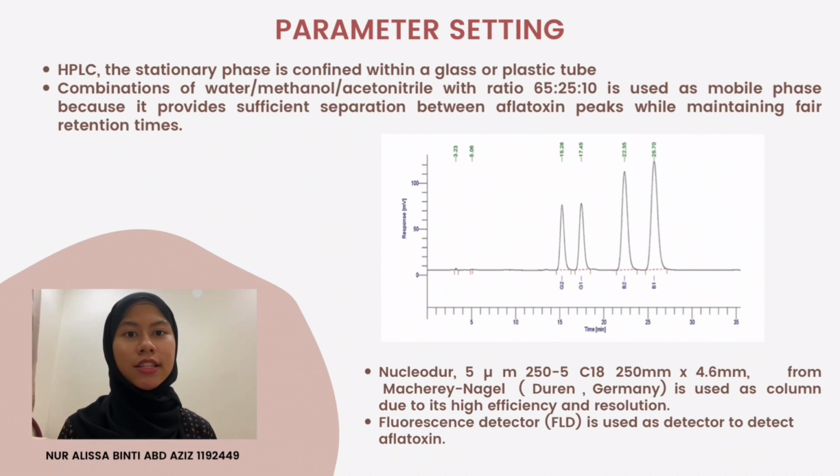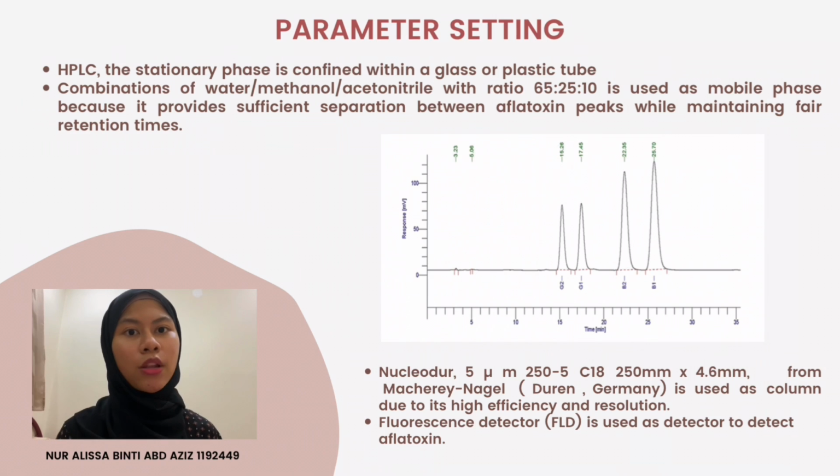In HPLC, the stationary phase is confined within a glass or plastic tube, whereas a combination of water, methanol, and acetonitrile with ratio 65 to 25 to 10 is used as the mobile phase because it provides sufficient separation between aflatoxin peaks while maintaining fair retention times. Nuclear C18 with column length 250 mm and diameter 4.6 mm is used as the column due to its high efficiency and resolution.